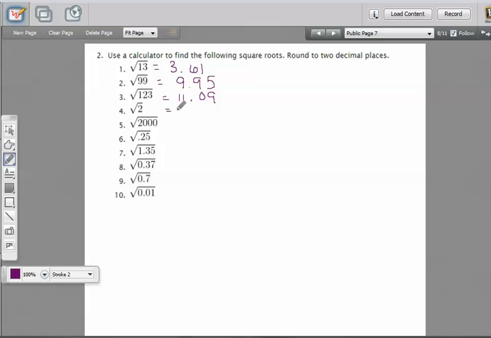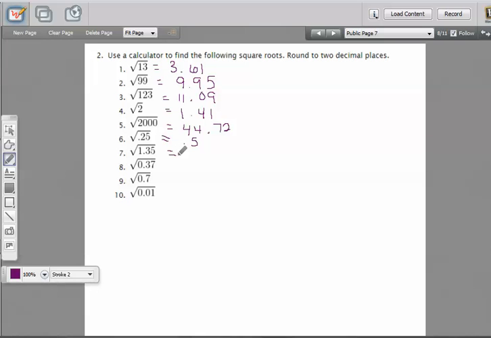The square root of 2 is 1.41. The square root of 2,000 is 44.72. The square root of 0.25 is 1/2, or 0.5.